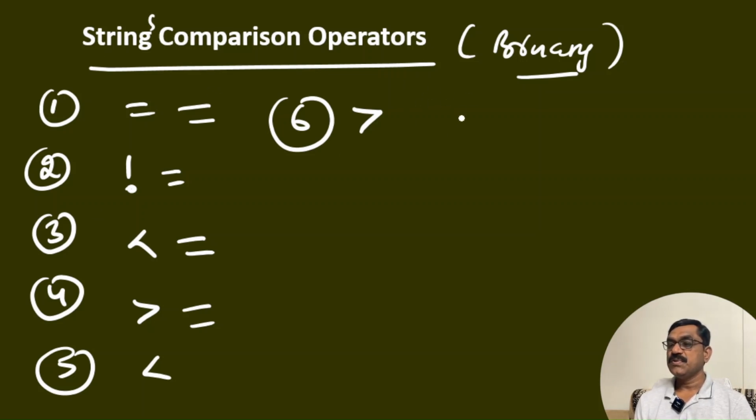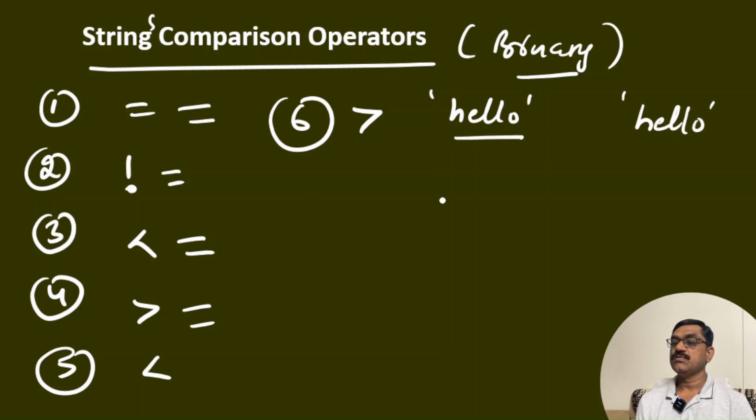How the comparison is done when you use strings is very, very important. Please remember, you take a string, for example hello, enclosed in single quotes or double quotes. This is the first string, and you take another string hello, also enclosed in single quotes. When you compare these two strings, first we take the first character H in the first string and the first character H in the second string.